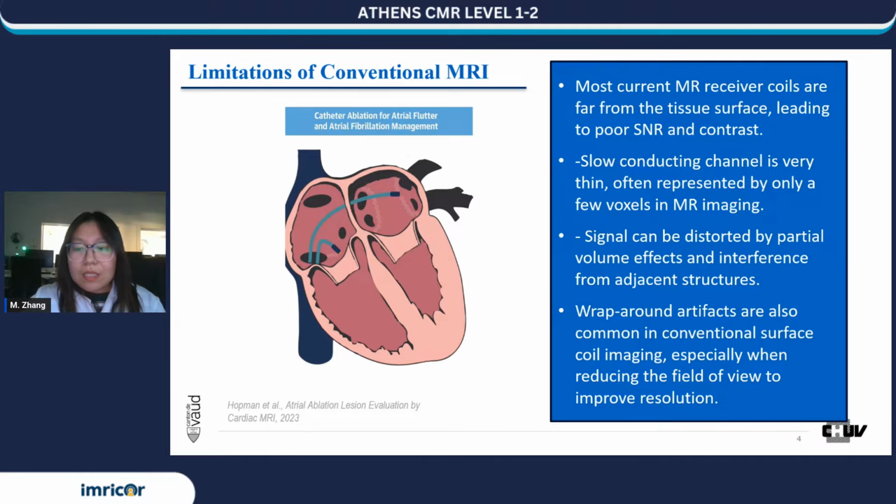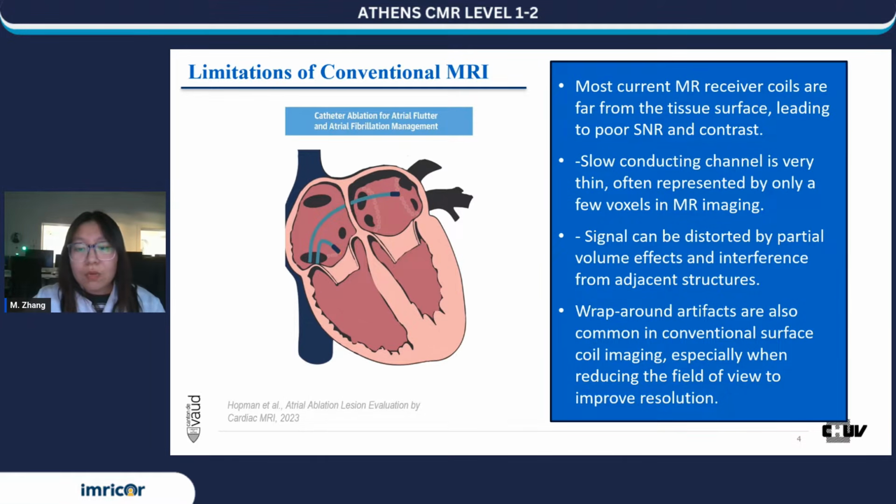Second, slow conducting channels are very thin, which means they are often represented by just a few voxels on standard MR imaging. This makes accurate tissue characterization extremely difficult. Another key issue is that the signal is easily affected by partial volume effects and interference from adjacent structures such as the blood pool or lungs.